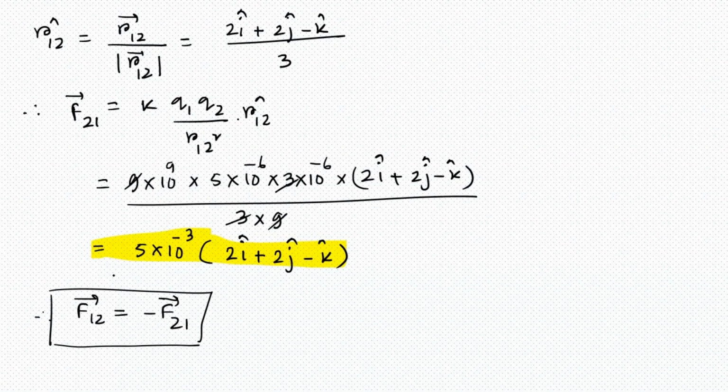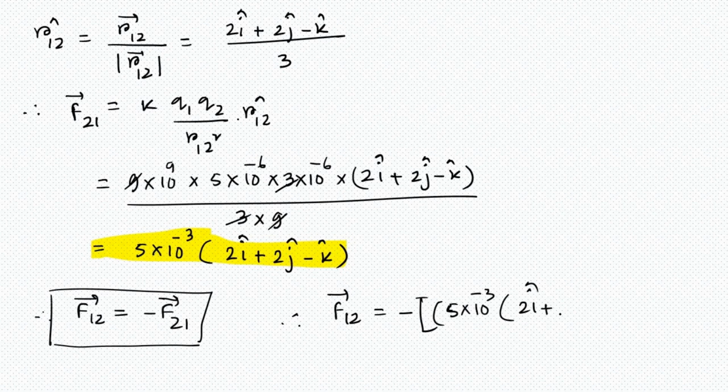Using this relation, the value of F12 is equal to minus 5 into 10 to the power minus 3 into 2i cap plus 2j cap minus k cap. So this is our answer. The force F21 is this, and the force F12 is this.